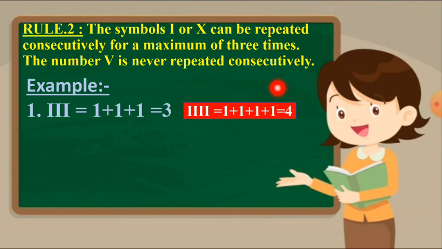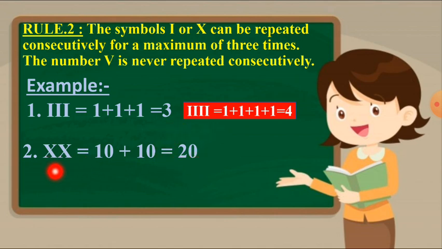It is wrong because according to the rule I can be repeated only 3 times. Here it is repeated 4 times, so this is the wrong way. The next example is XX, which means 10 plus 10 is equal to 20. So 20 in Roman numerals you write as XX.